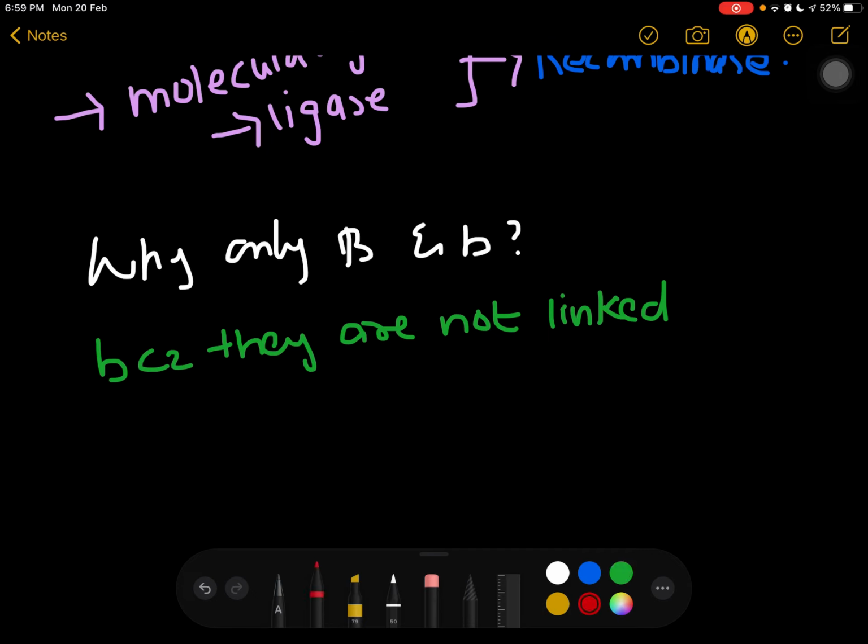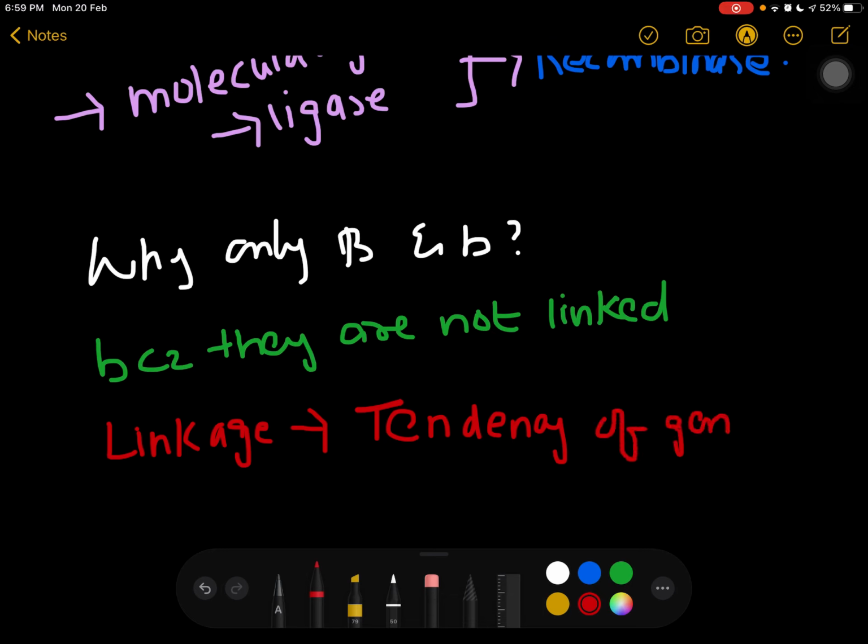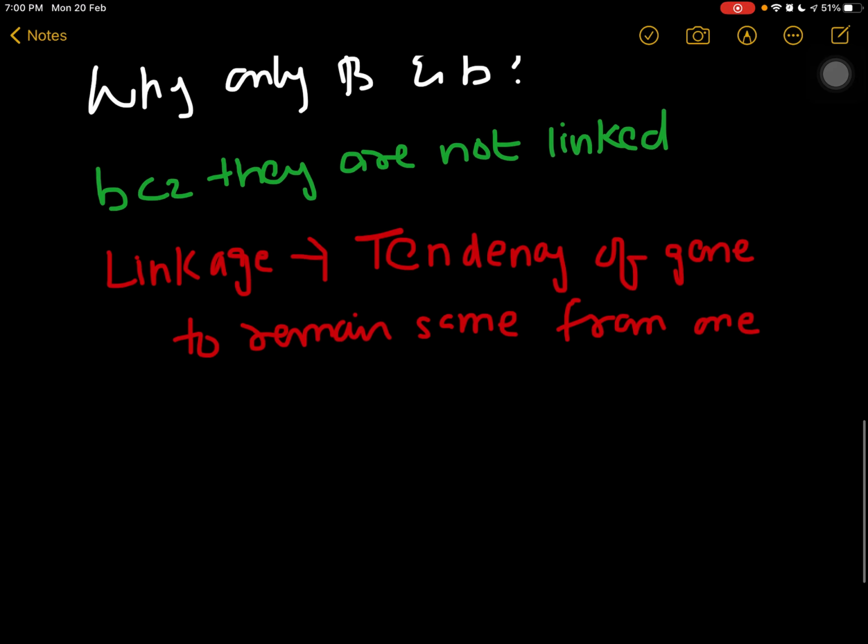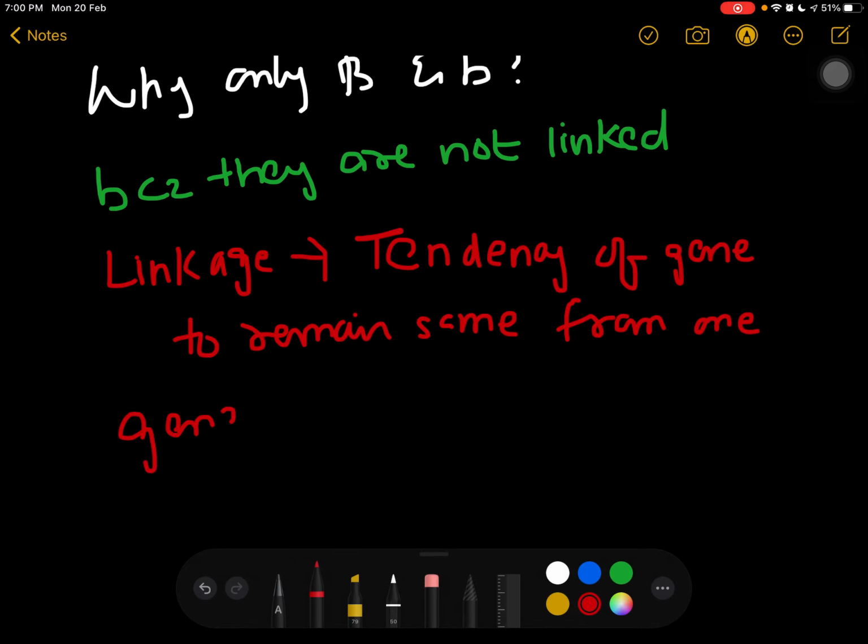Okay, what is linkage? Basically, linkage is the tendency of genes to remain the same from one generation to the next. Let me write, it is the tendency of a gene to remain the same from one generation to the other, right?